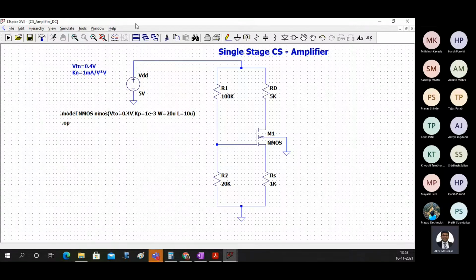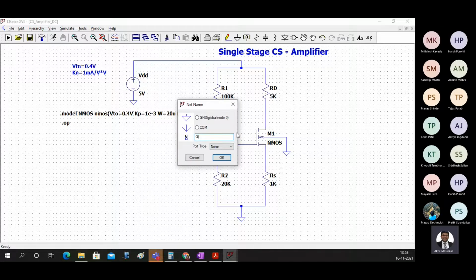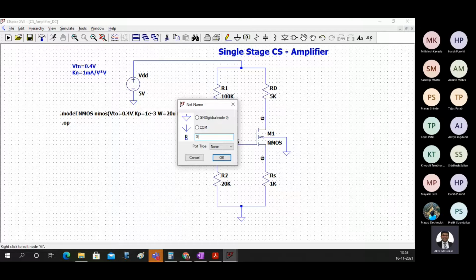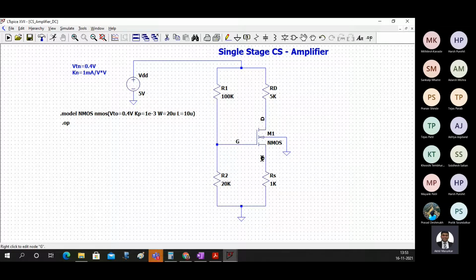Just for the sake of it, I will name the terminals. So this is VG, this is my drain, and this is my source.